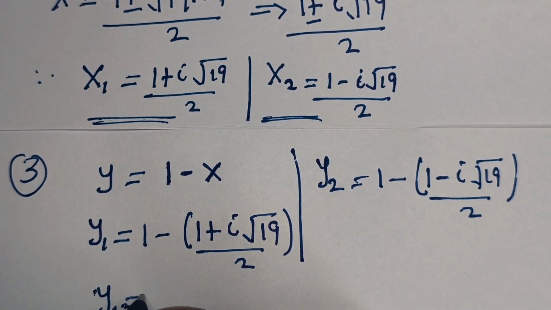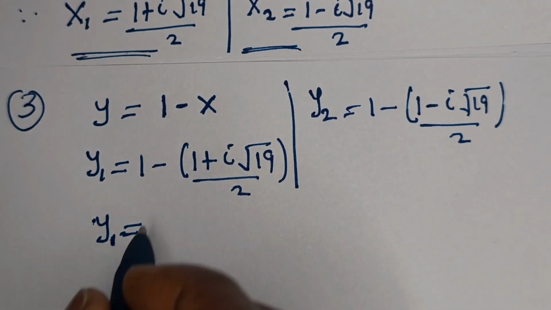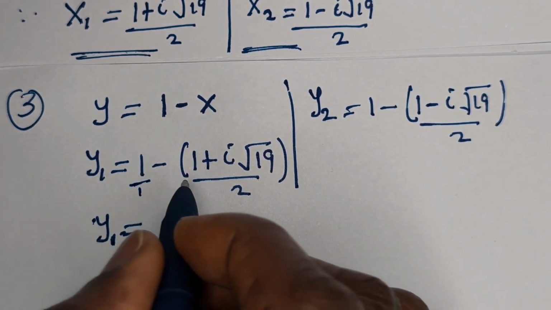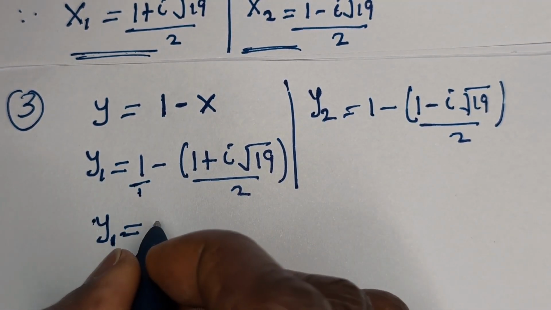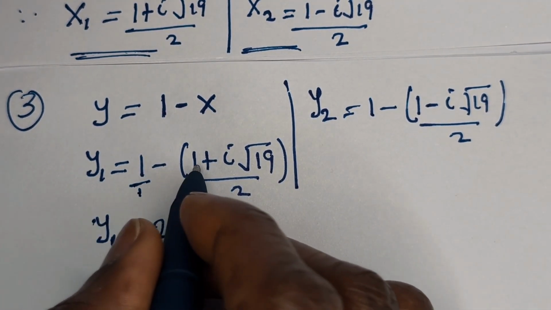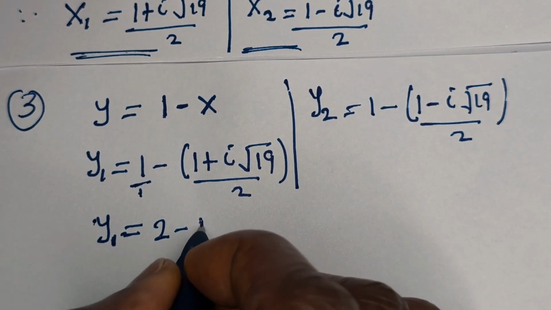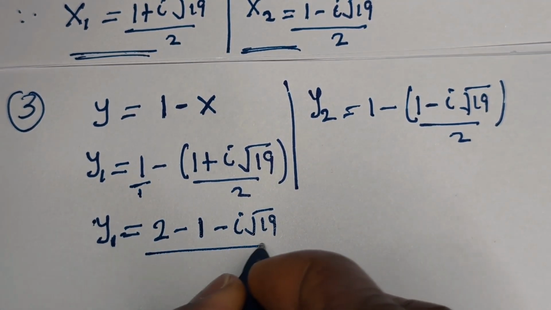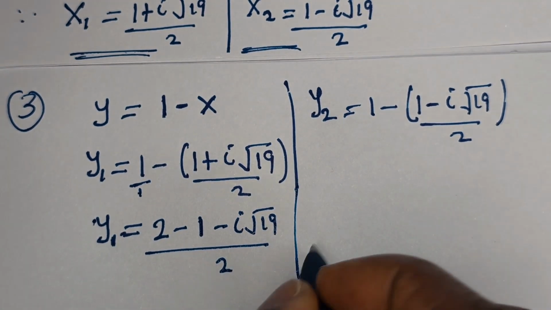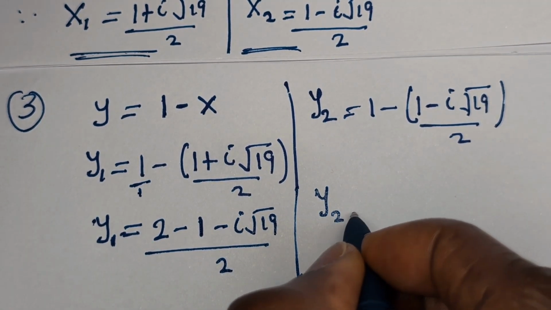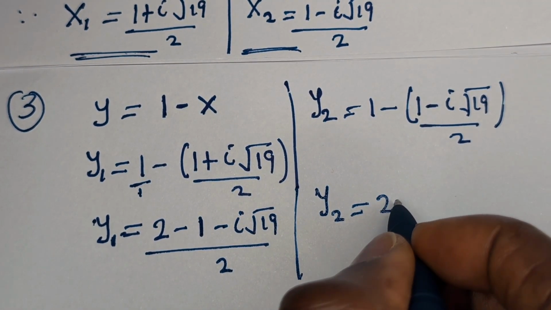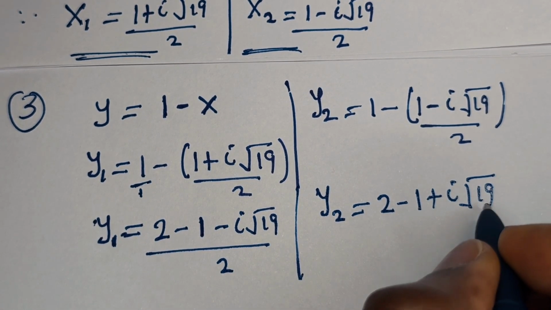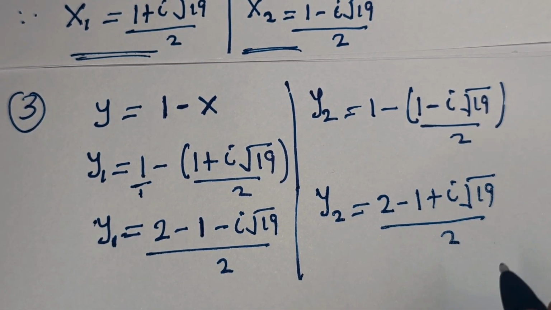y1 is equal to, the LCM here is 2, this is over 1, then 1 times 2 is 2, minus, if you open the bracket, we have 1 plus i root 19 over 2, and here y2 is equal to 2 minus 1 minus i root 19 over 2.